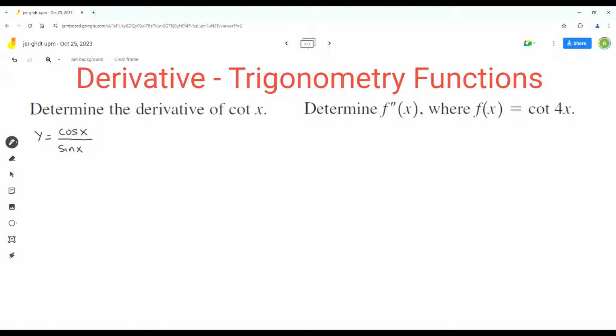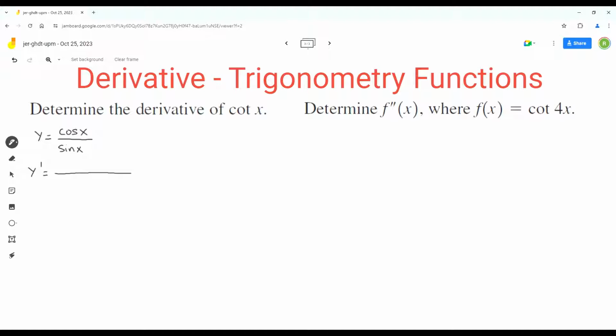Now we can find the derivative of this fraction and we should use quotient rule. So as per the quotient rule, we start with the derivative of the numerator.